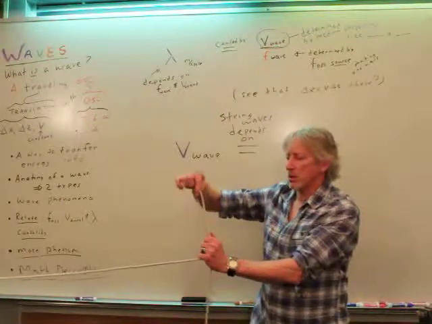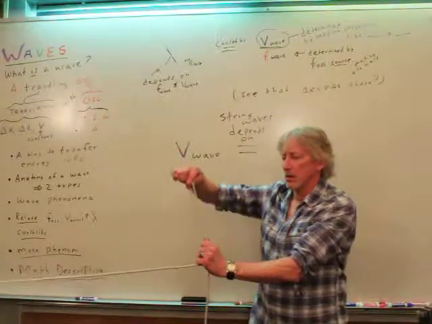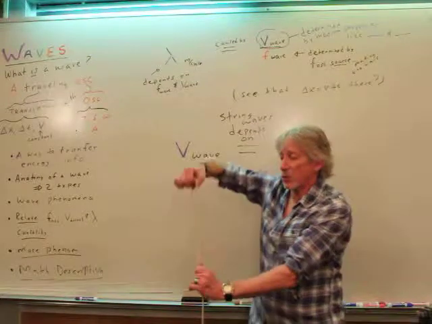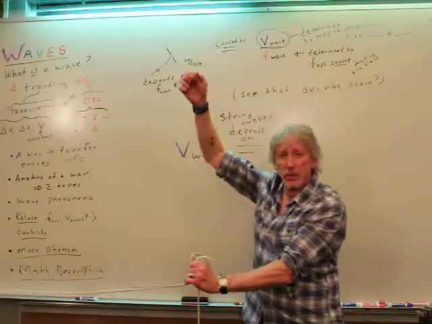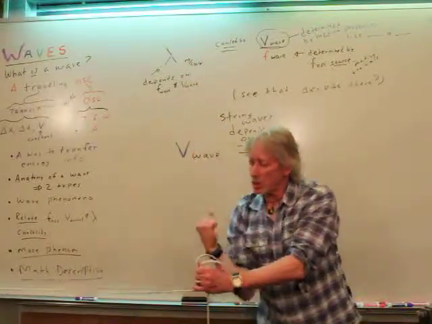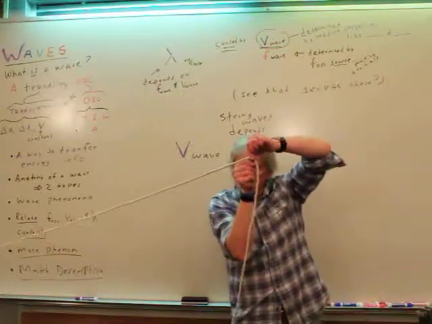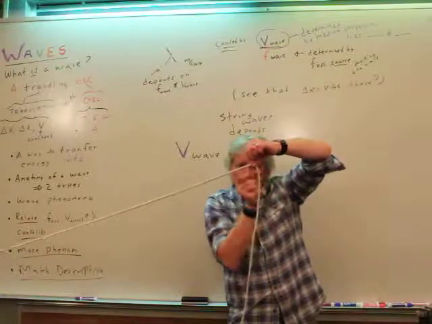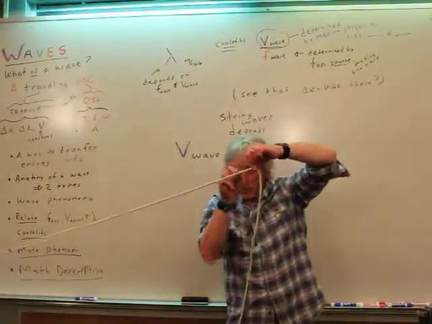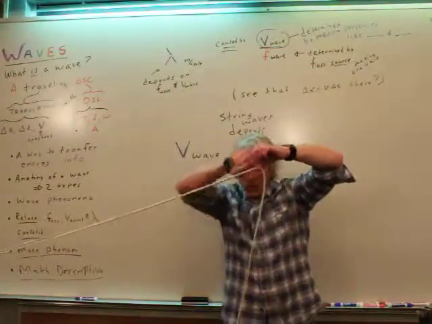If I have less tension, it snaps back more slowly. If I have more tension, it's going to snap back faster. If I were to do a force diagram on it, I'd say the tension is down and to the right and down and to the left. Tension, tension.